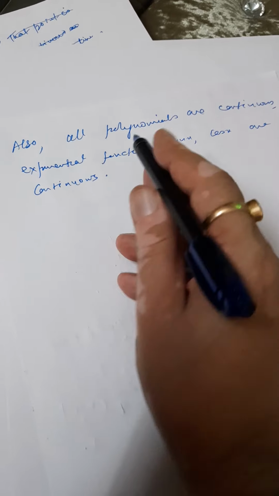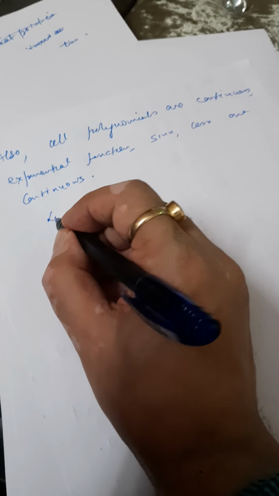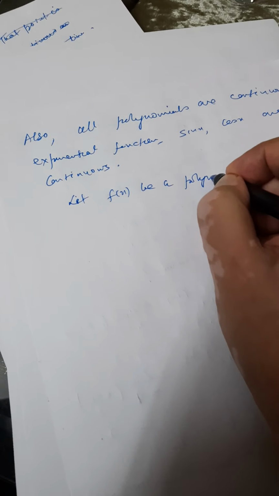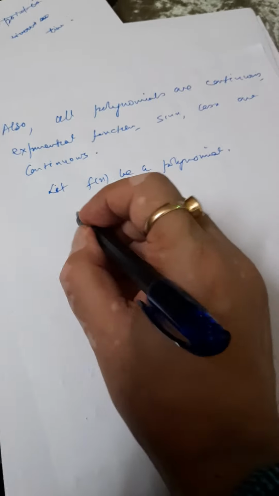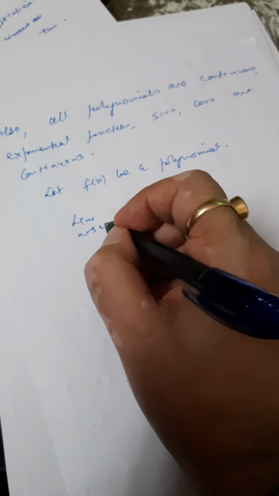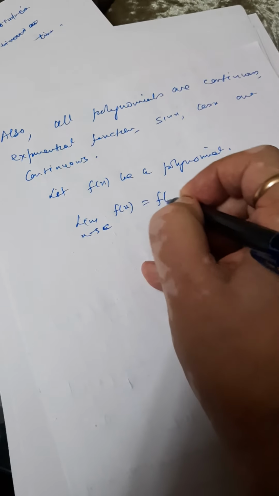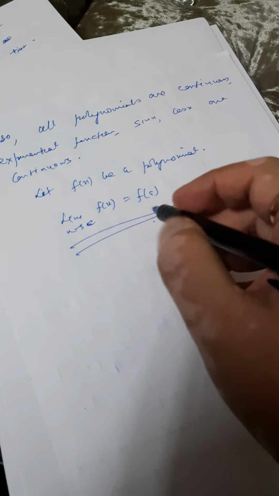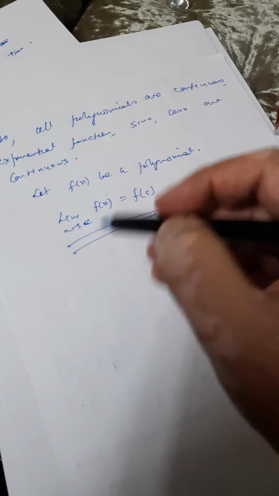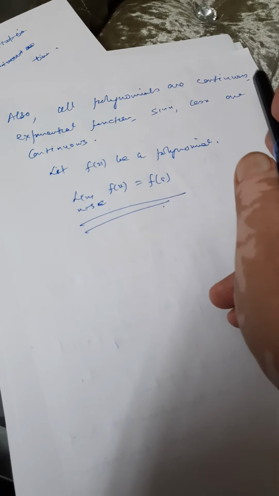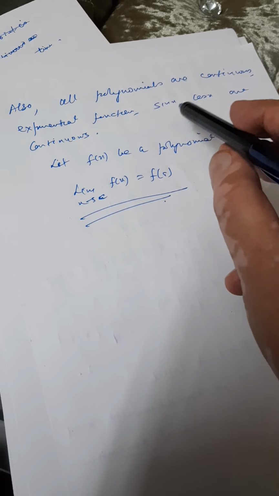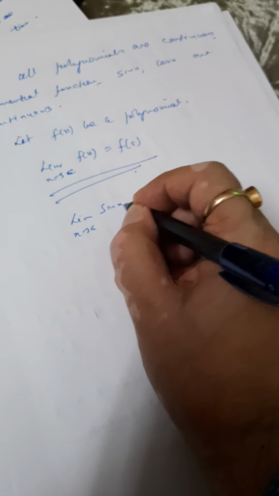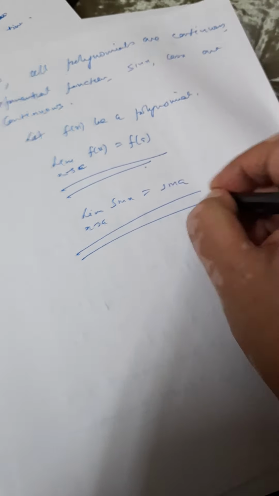Now, how to show it? Let f(x) be a polynomial. Then limit x tends to a of f(x) is always f(a). If it's a polynomial, this always holds. So we can say it's continuous, though this definition I will explain to you in the next class. So you can say all polynomials are continuous. Exponential, sine, cos are continuous, as you can say limit x tends to a of sin x is sin a, and so on.